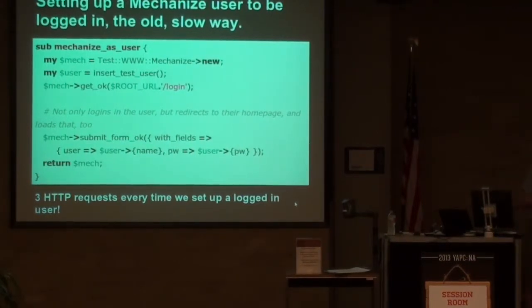And that submit actually sends them to our home page, which makes an extra redirect. So there's actually 3 HTTP requests here: the initial form load, submitting the form, and then getting redirected to your home page. Anyone else writing code like this for testing websites? Yeah. We had a lot of it, and it used to be worse because it wasn't encapsulated as a function. It was all sort of copy-pasted in tests.